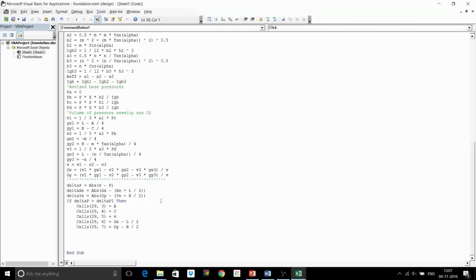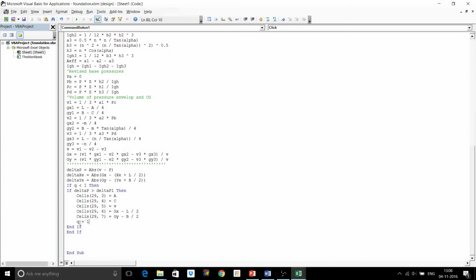Why I am using this, I will explain, or you will get to know afterwards. If Q is less than 1, then it will check for this condition, and if this condition is satisfied, then it will put Q is equal to 1. And at the moment when Q has turned to 1, it will not check this condition and it will go to other conditions to be checked.